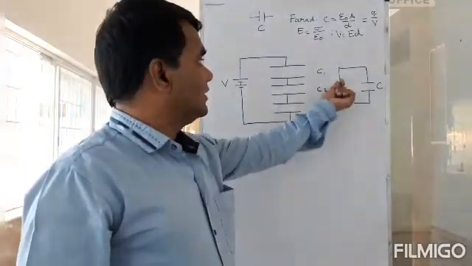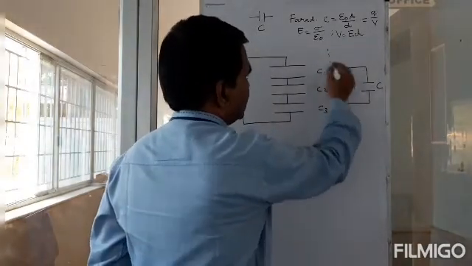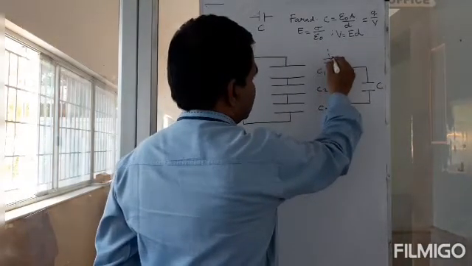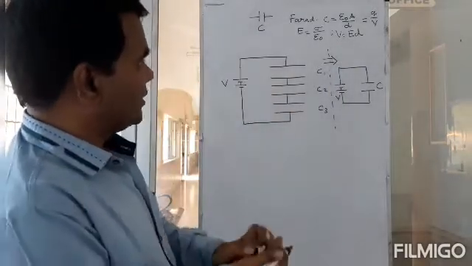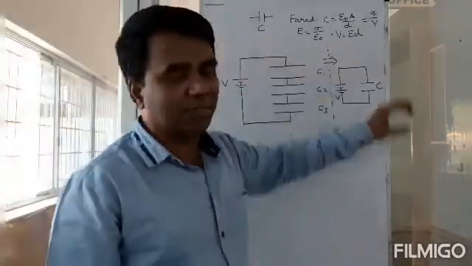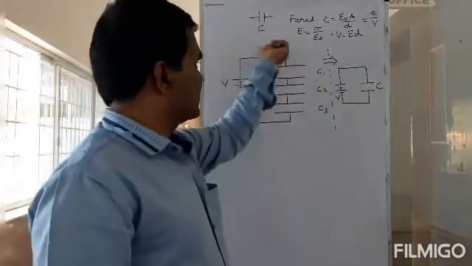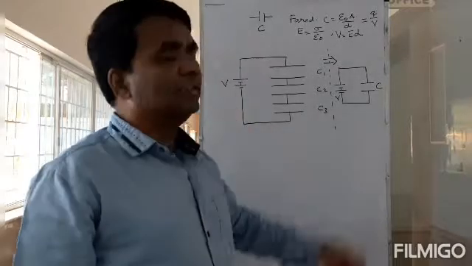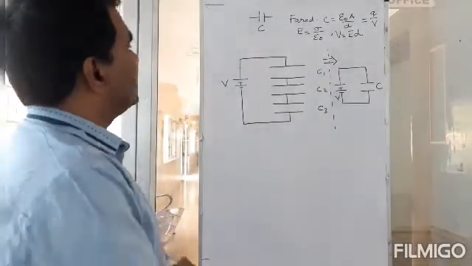That is the effective capacitance. So I should be able to replace the whole combination with a single capacitance, and that capacitance must draw the same amount of charge from the battery.